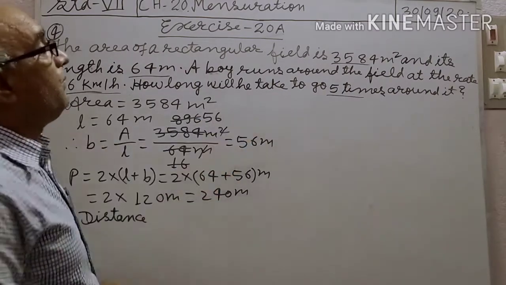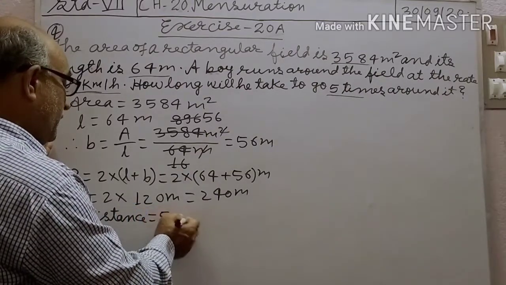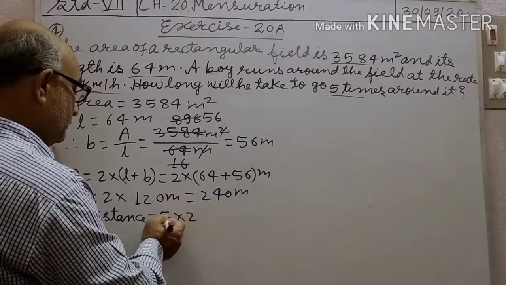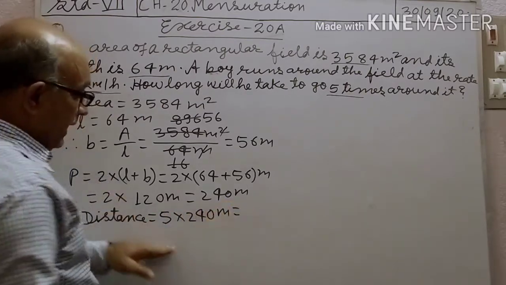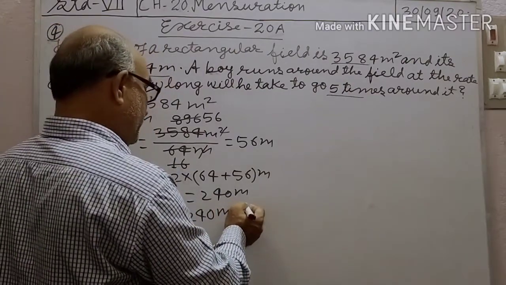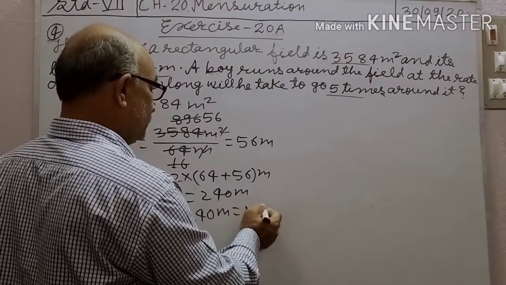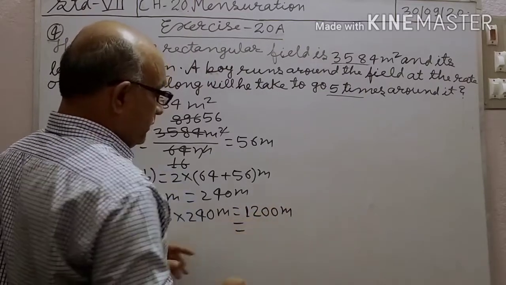Distance for 5 times: 5 into 240 meter equal to 1200 meter.